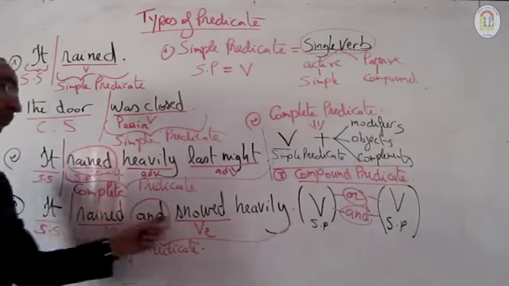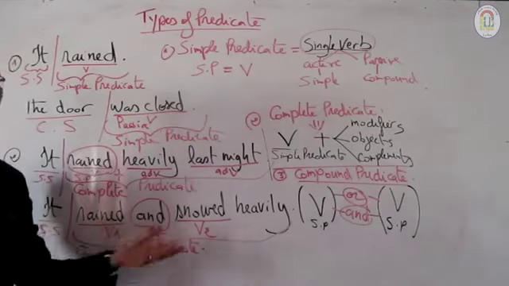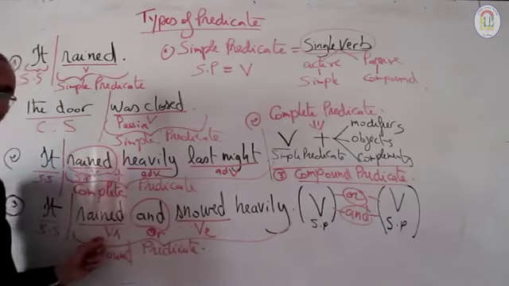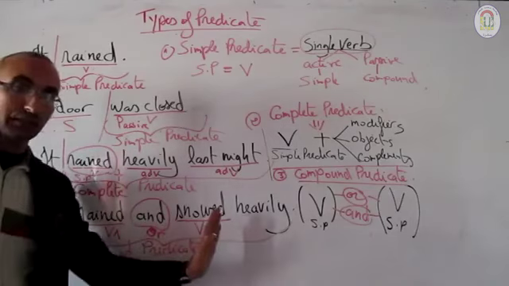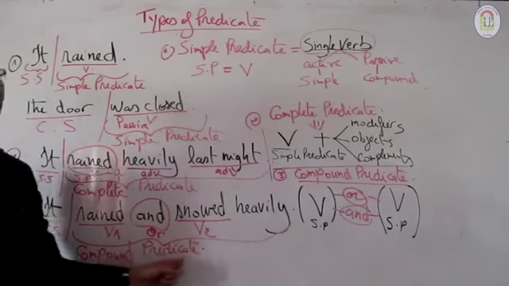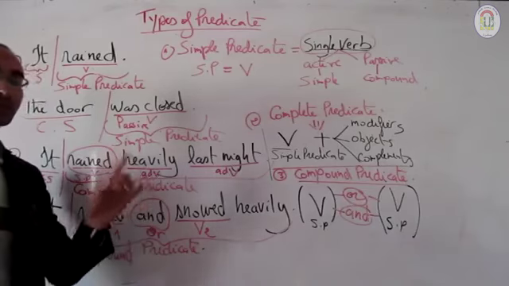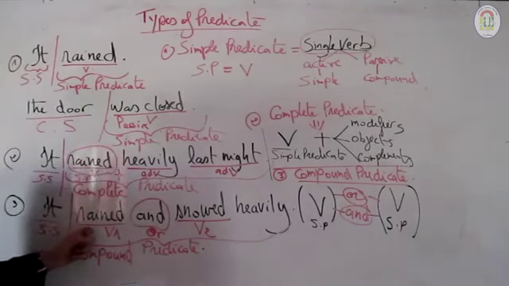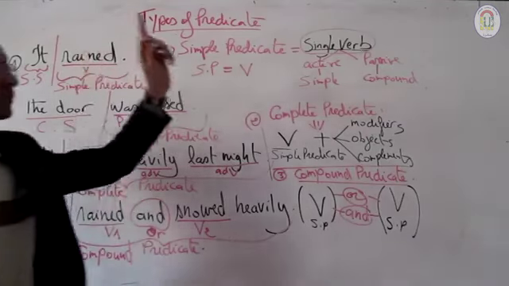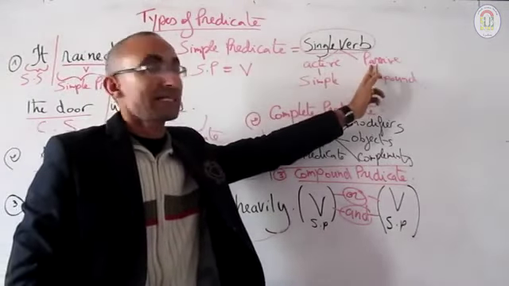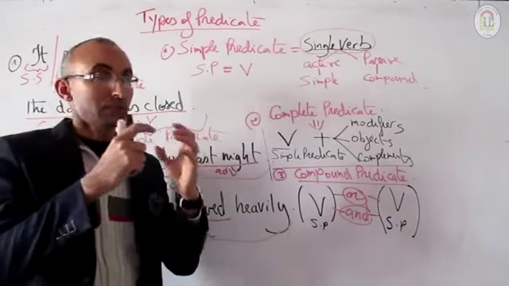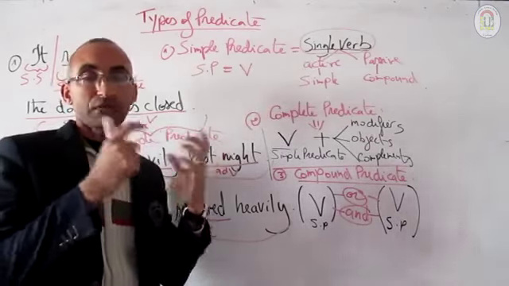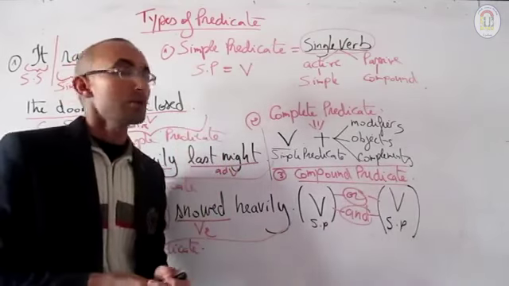In case I have two or more simple verbs, or simple predicates, joined by and or, usually, we call this compound predicate. And don't forget, we consider the verb a simple predicate regardless of its voice or tense. It's always one verb, whether present simple or past simple or continuous or perfect. It's always a simple predicate.